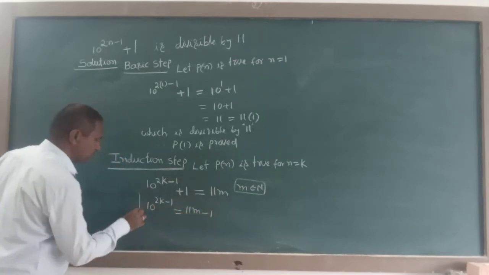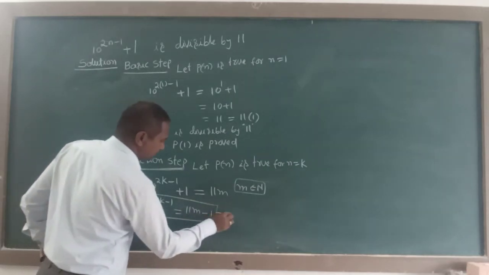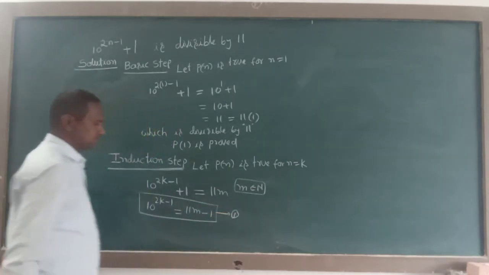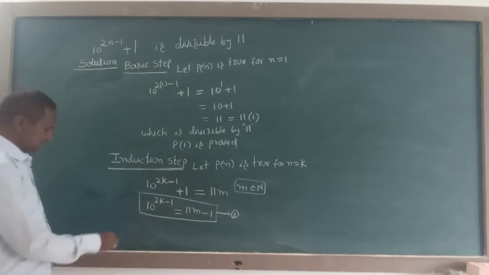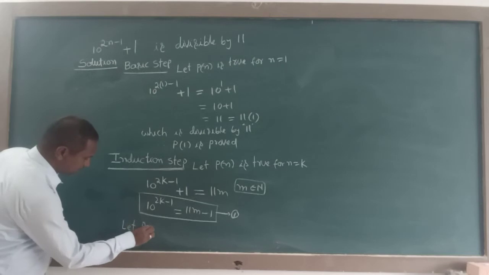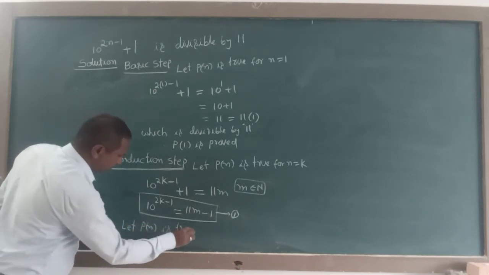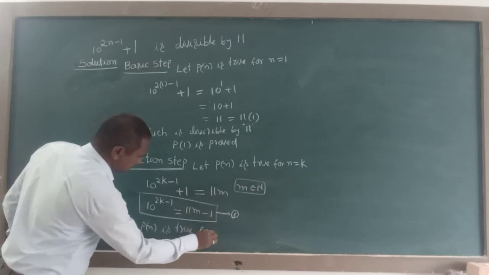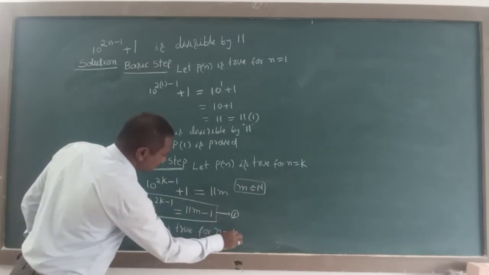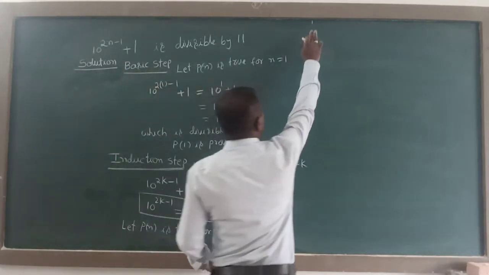At the same time, we represent that as equation number 1. Next, let P of n be true for n is equal to k plus 1.